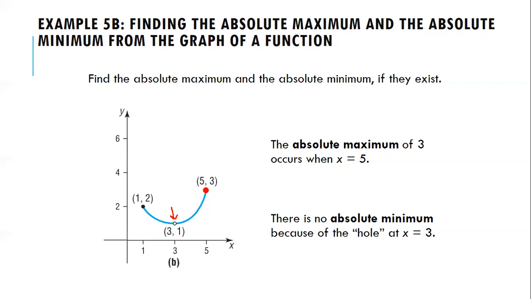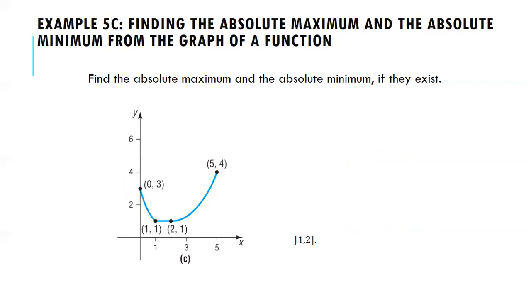A rational function, which we will learn more about in our rational unit. Right now, we're just analyzing the graph and we see that there's a hole, so there's no value there. So in this function, x cannot equal 3. Even though it's the lowest point, there is no absolute minimum because there's no value there.